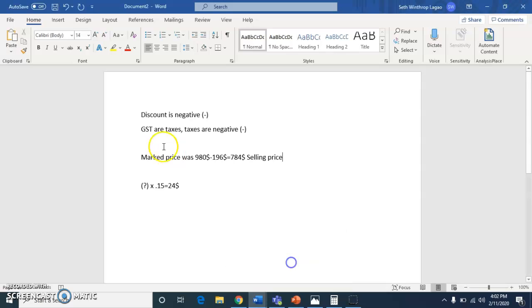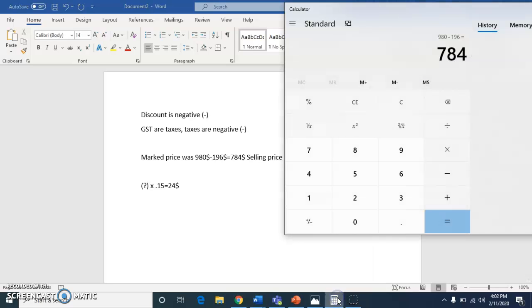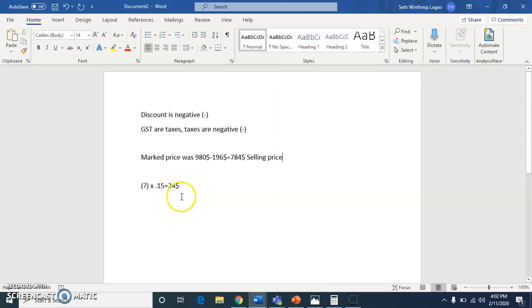We know that we have a discount of 15% and it was $24, but we don't know what the marked price is. This is what we are going to do. We are going to start with, we need to divide because that's a multiplication. So we're going to start with $24, and we are going to divide by 0.15, which is going to give us an original marked price.